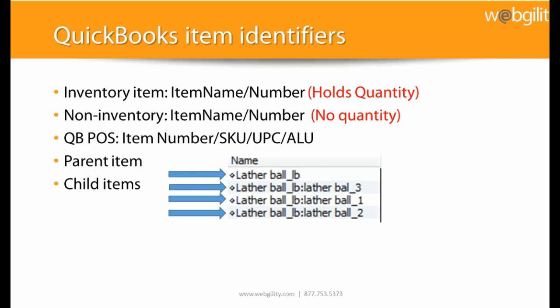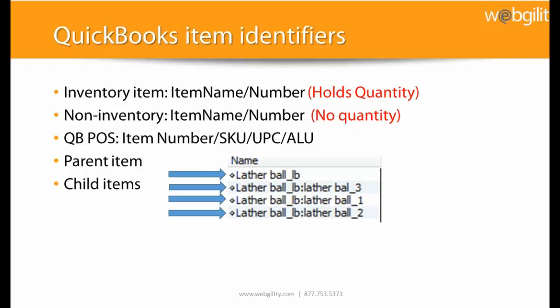The child item SKU always has the parent item attached to it within QuickBooks. So the entire SKU of the child item has the parent attached to it, and that's really important to know.